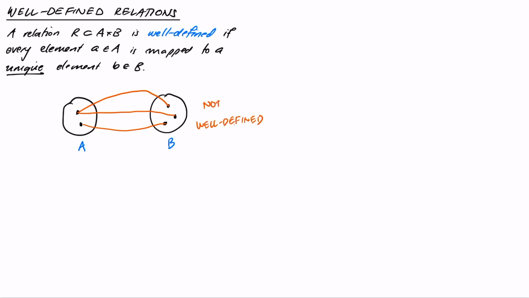Okay, it can go the other way though. So if I had a situation more like this one here, where I have these 2 points and maybe these 2 points, and this is A and B, if it looked like this, it's fine. I'm allowed to have multiple values in A mapping to the same value. That is a function. That is well-defined, but the top one is not. Okay, so a function is just a well-defined relation.